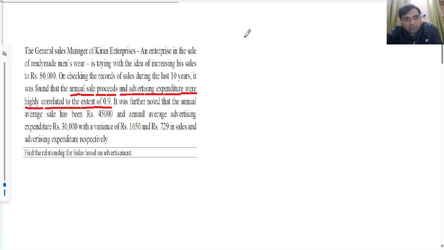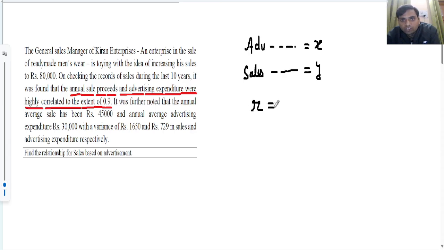Advertisement is considered as X and sales is considered as Y, and the correlation between them is 0.9. So this question is talking about the Pearson coefficient of correlation between X and Y, that is 0.9. So there is strong correlation.